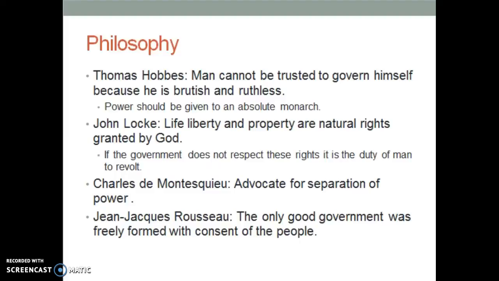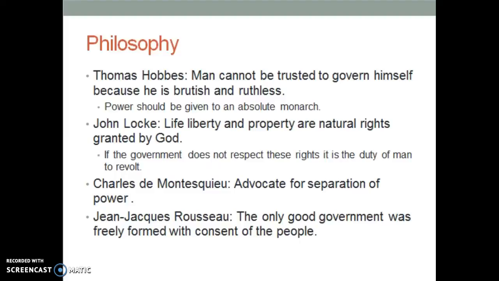He said that man is inherently brutish and ruthless. If you think back to the beginning of the semester when we were trying to define human nature, that's what Hobbes would say. He would say that men are brutish, and the only way to govern them is through one absolute monarch who can make any and all executive decisions.